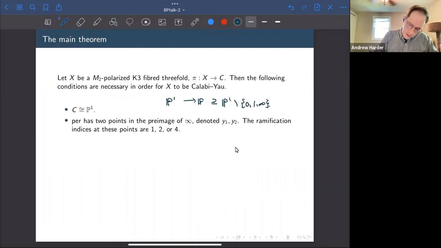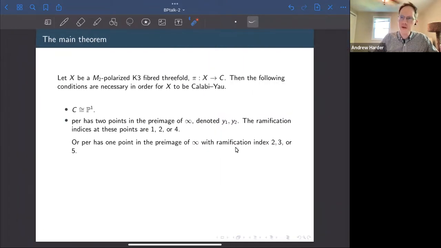There must always be 2 points in the preimage of infinity, denoted y1 and y2, and the ramification indices of these points must be 1, 2, or 4. So that's very precise. There's another subcase that can happen here, which is that if I have ramification index 1 and in fact things collide. There's a subcase here that I won't say too much about. It's less important and is contained in the other situations.